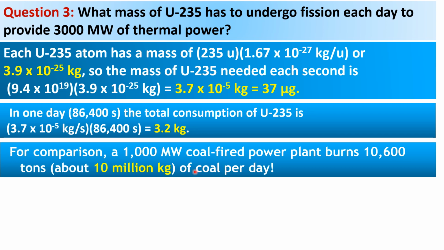In order to produce a power output of 1,000 megawatts using coal as our fuel, we need 10 million kilograms of coal per day, as compared to using uranium-235, which only requires 3.2 kilograms of uranium per day.